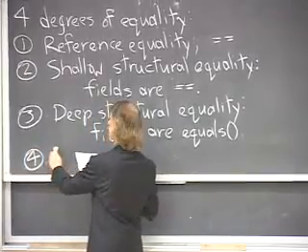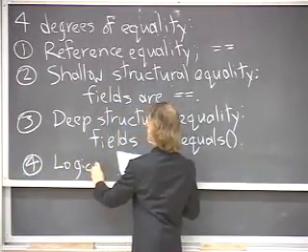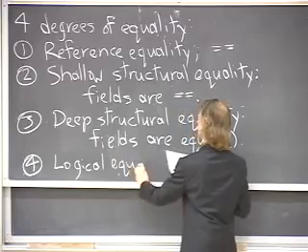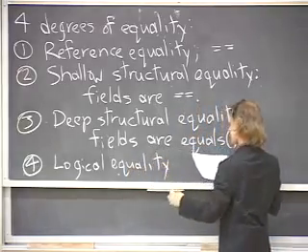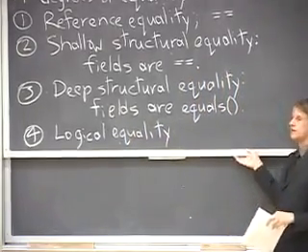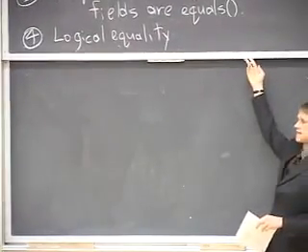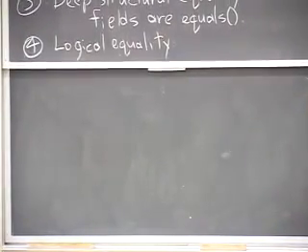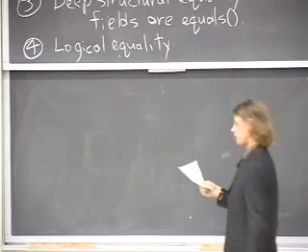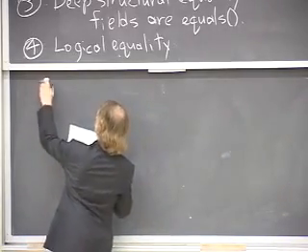And a fourth kind of equality that makes sense for a lot of special data types is logical equality, where two things make sense as equal from a mathematical point of view. What do I mean by that? Well, let me give you a couple of examples.